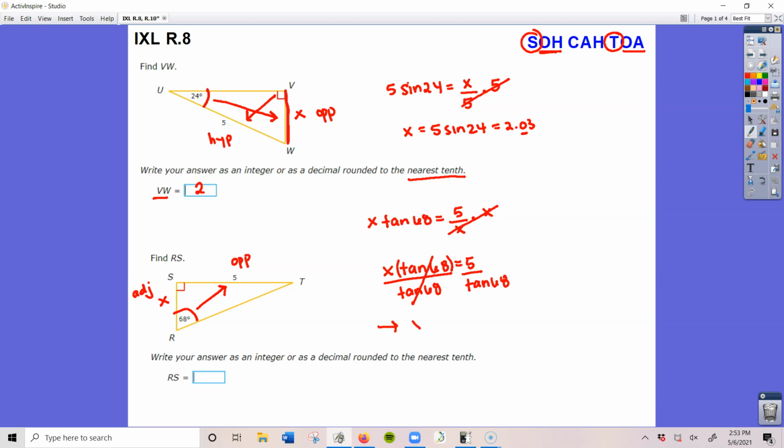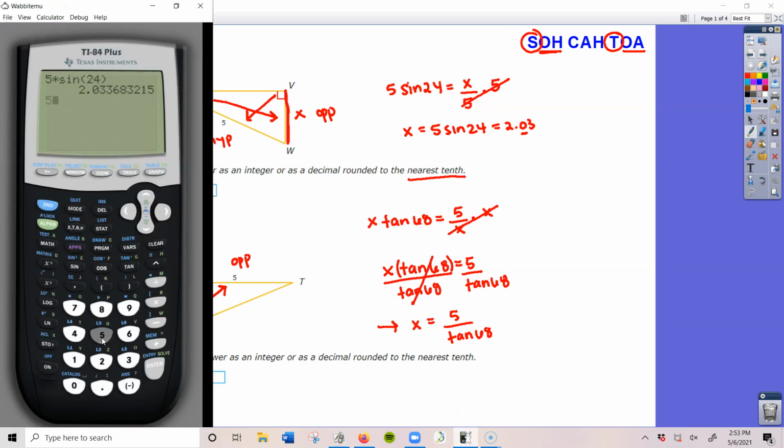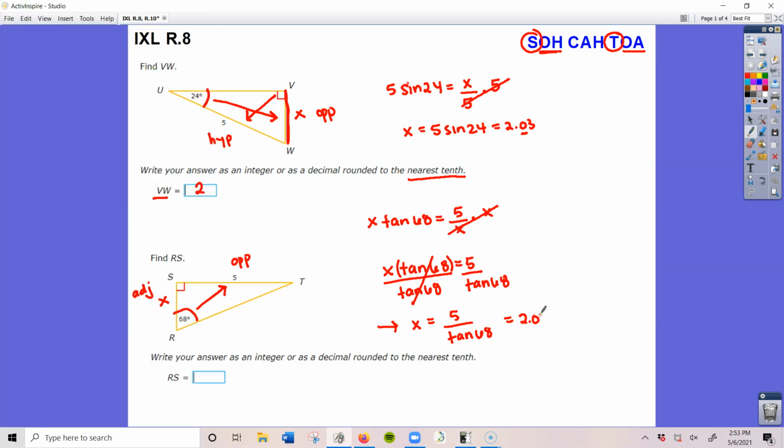So this means that x is equal to 5 over the tangent of 68. So now we go to the calculator. 5 divided by tangent of 68, and we get 2.02, which rounded to the nearest tenth would just be 2.